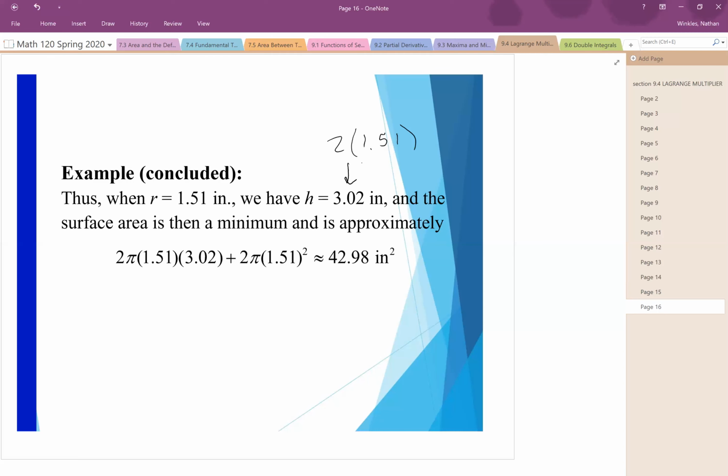In general, take your first two, solve for lambda, set them equal to each other, get a relationship on x and y, plug that relationship into the third equation to solve for one of your variables, then take that one and solve for the other variable, and then plug both your variables back into the original to get your minimum or maximum value, depending on what they're giving you.